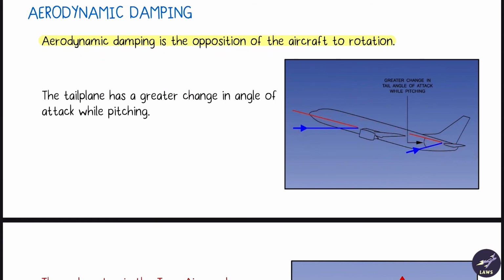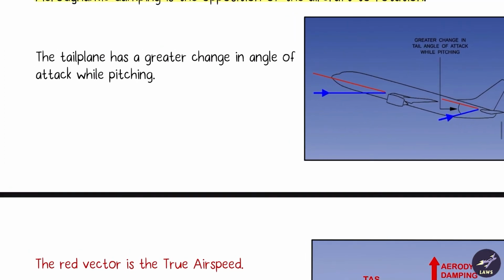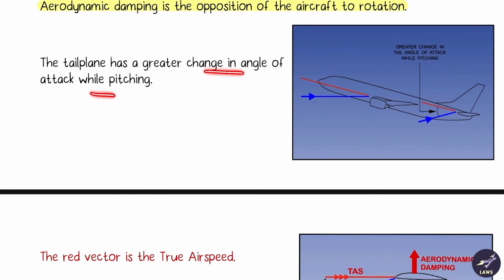Whatever the aircraft rotation, it will oppose that. In this case, the tailplane has a greater change in angle of attack while pitching. This we know. This is because of longitudinal dihedral.